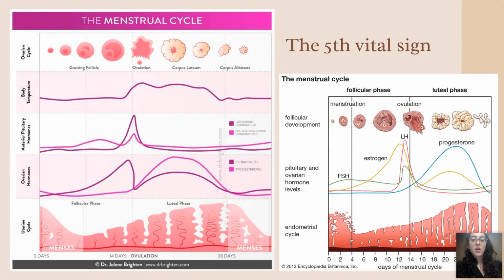So that's something that I like to talk to my patients about, just because, the way that we're educated, we might not know that. We don't even learn a lot of this information in our health classes and our science classes. So it's important to know the difference between a withdrawal bleed and a true menstrual cycle, because I do have a lot of women that have been on the pill for 5, 10 years.